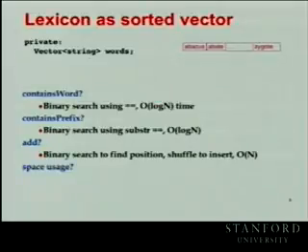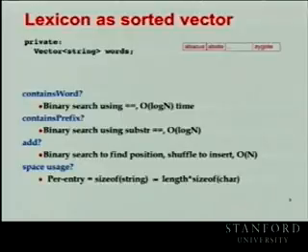The other thing we're going to look at is space usage, and some of this is a little bit of an interesting artifact of the time I was working on this. It turns out space was actually really a limiting factor in what we had available to us in terms of core memories of our machines and what we could take up for our dictionary. In this case, it has per entry the size of the string, which we don't exactly know how the string is represented, right? It's an abstraction to us, but we can make the simplification that it's probably about the length of the string times the size of a character.